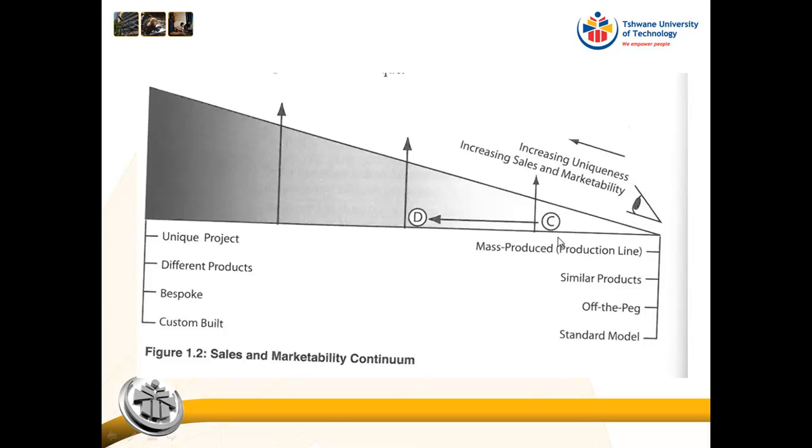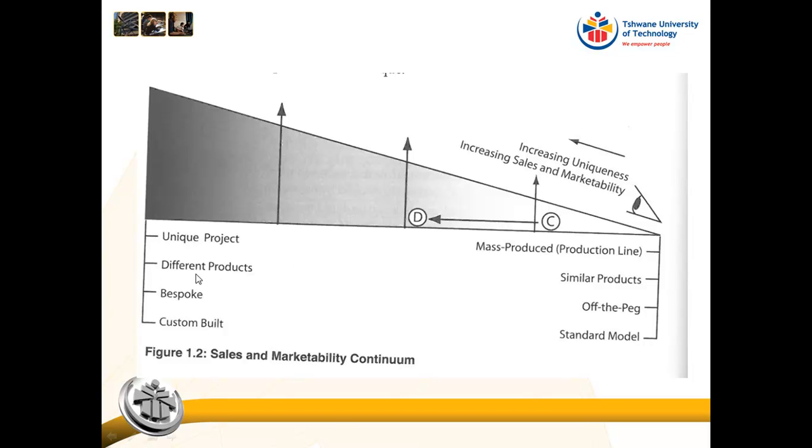Whereas on the other side, if we are just making Suzuki motorbikes, they will be mass produced, they will just come off the production line, they will be similar products. So each bike that comes off the production line will be exactly the same as the previous one.